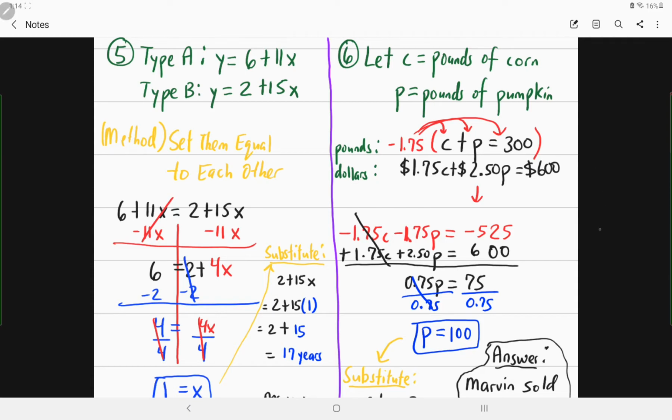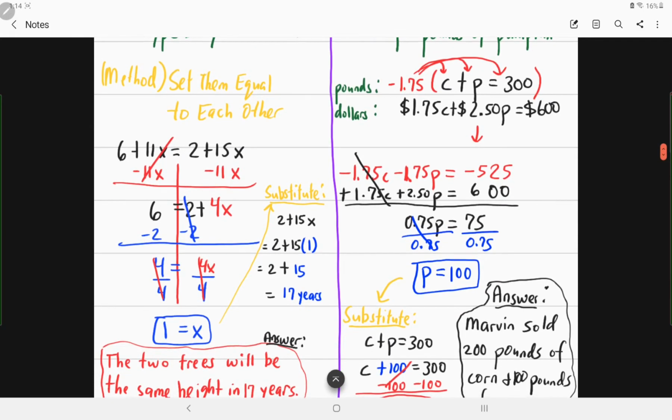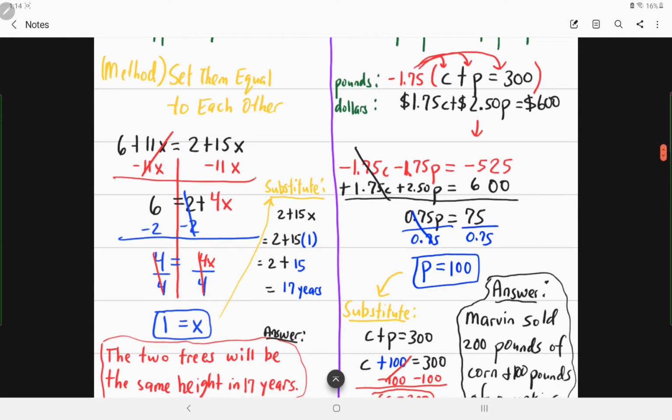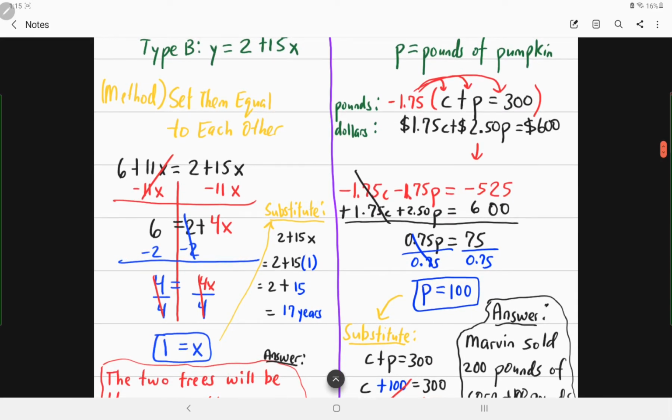So again, what you want to do after your let statement, you want to also write down the two things you're comparing. So if you notice over here in green, we have number of pounds and number of dollars. The reason for that, you want to label, because if you don't label, what happens a lot of times is we don't know where the numbers go and we end up mixing them up.